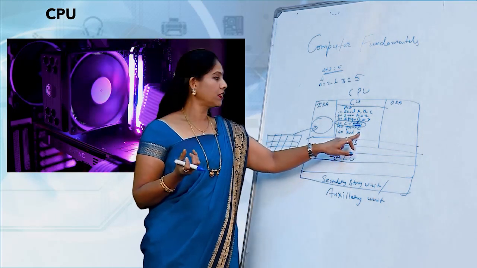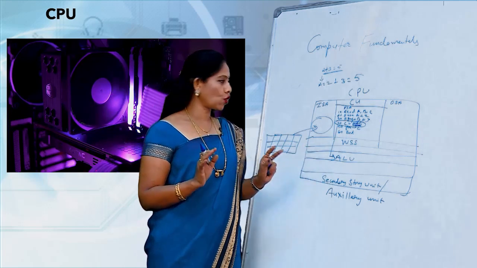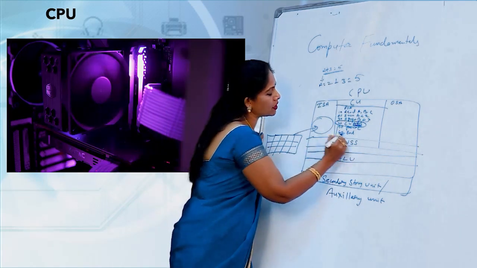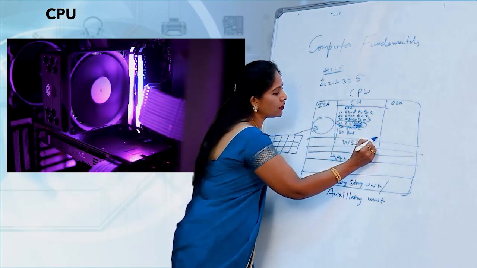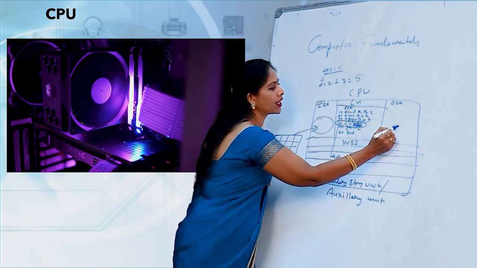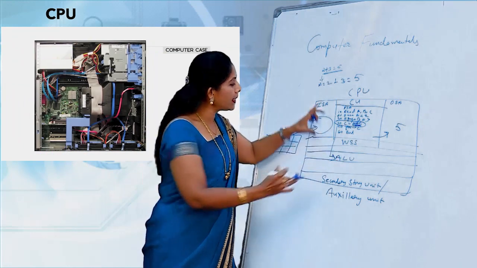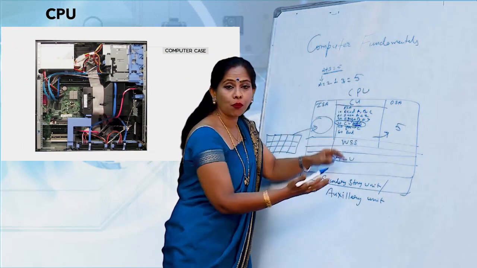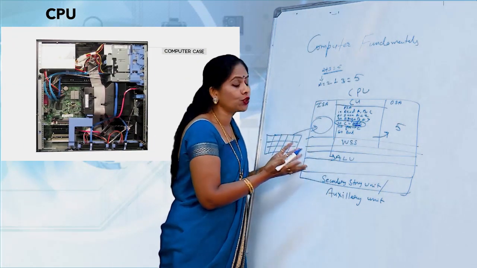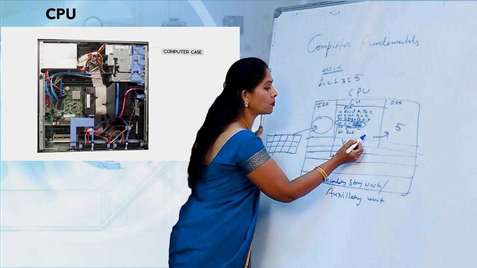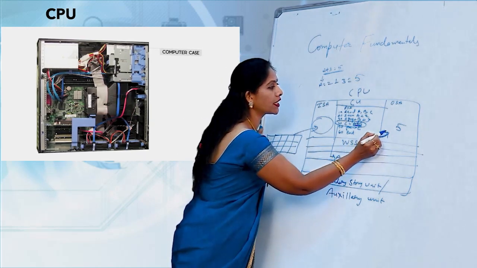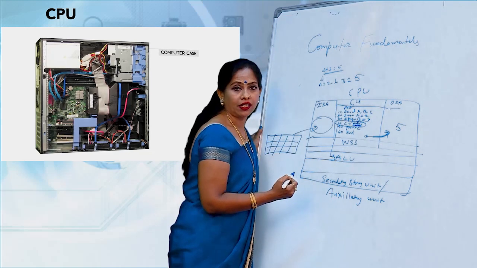It is 5, addition of two numbers, end means stop. After performing this program, the output will be sent to program storage area. This control unit coordinates between each section of the CPU and tells who should do what. So, here the output is already here. Now, the output is sent to the output storage area.